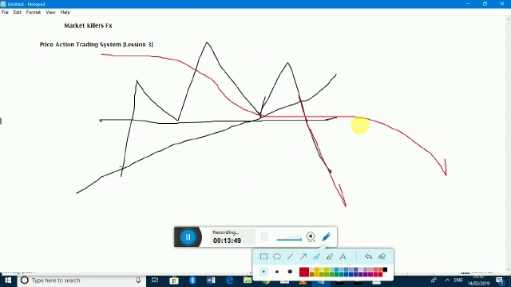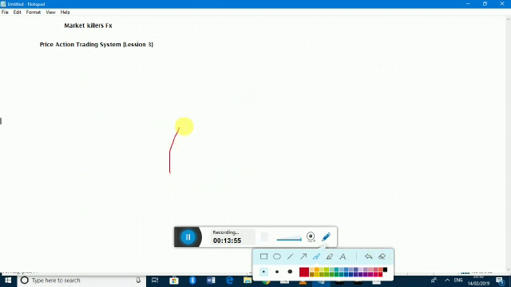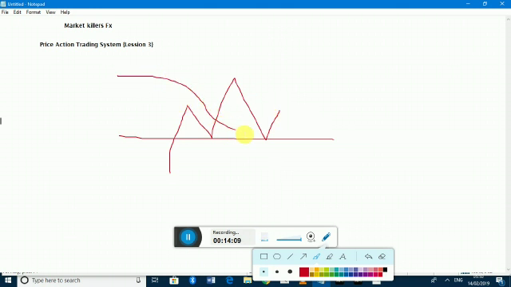So if this second leg crosses both our support and moving average, we place a sell here, stop loss above, take profit 1, take profit 2. Usually I'll place 40 pips for the first take profit, 60 pips for take profit 2, and stop loss we'll just place at 20 pips for a head and shoulder. So let's see how it looks within a real market.